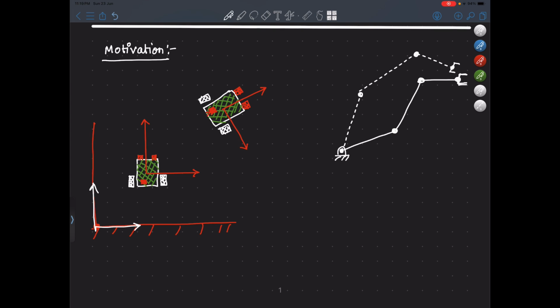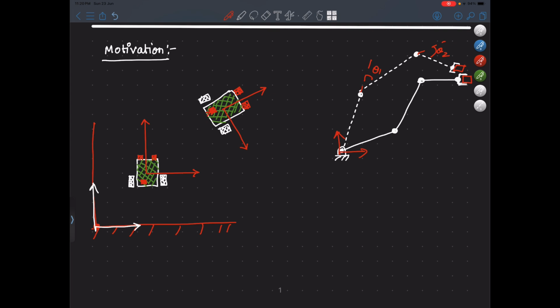Let's say we only have the information of the change in the angle of this arm. But how do we know how much the end effector changed with respect to the base point? So let's say it has picked an object, and I'm interested in its position and orientation.